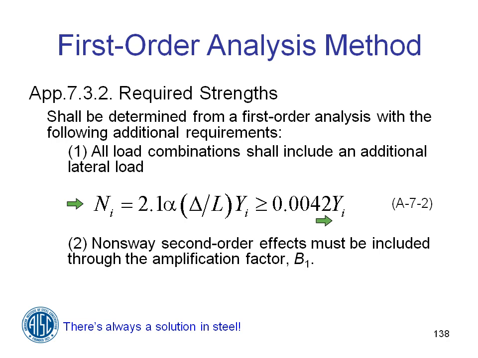Then you have to apply, when you do the member check, the B1 factor. Now this B1 factor, we saw in the examples that we've done already, is 1 most of the time. If you bend your column in reverse curvature, chances are it's going to be 1. So that won't be a particularly difficult thing to do. But if you go back even further into the old ASD, the 89 ASD, that's the C sub m over 1 minus fa over F prime e. So the process here is just like what you did in the old ASD.